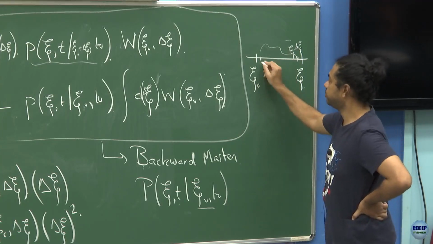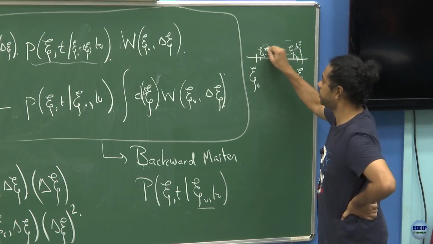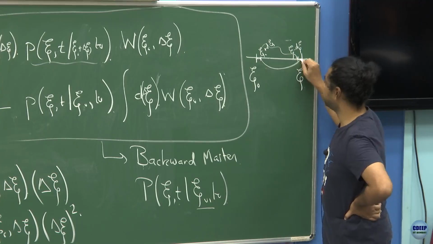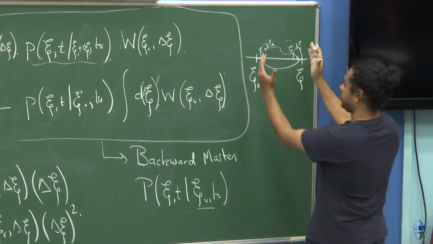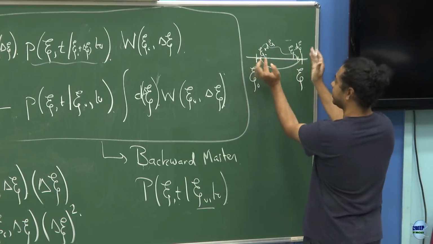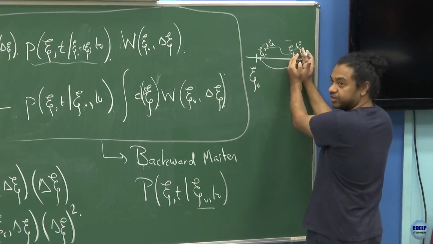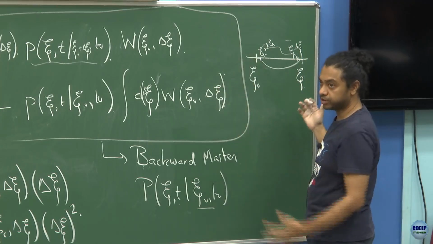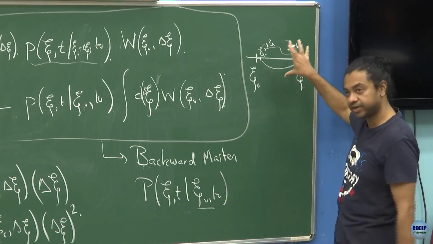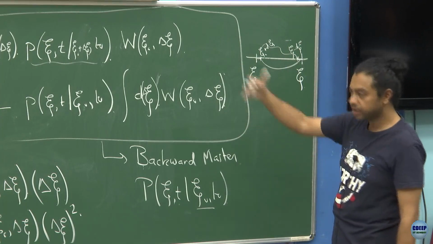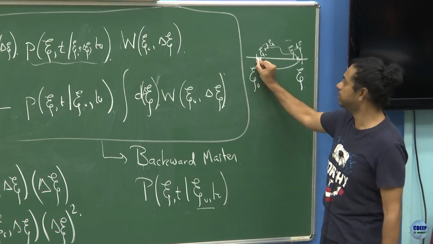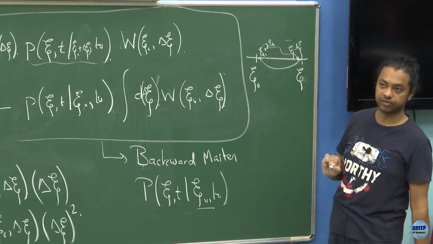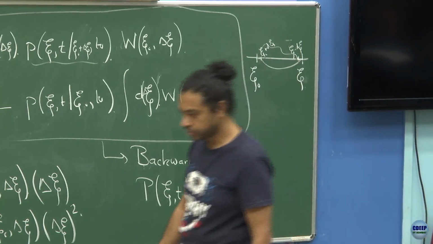Here I am doing psi naught to psi naught plus d psi naught in this initial time, and then I'm going to this final state. But regardless of whether I do this and then a big jump, or a big jump and then the final state, my process that I'm looking at is psi naught to psi. That does not change in either the forward or the backward. So, it is the evolution of that same probability for that same process described in two ways, depending on whether you are doing an expansion about this first step or doing an expansion about this last step. That is all. All right.